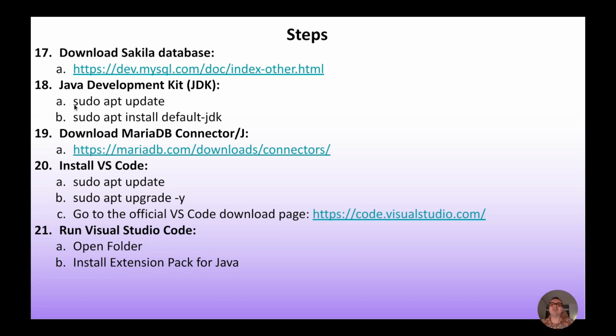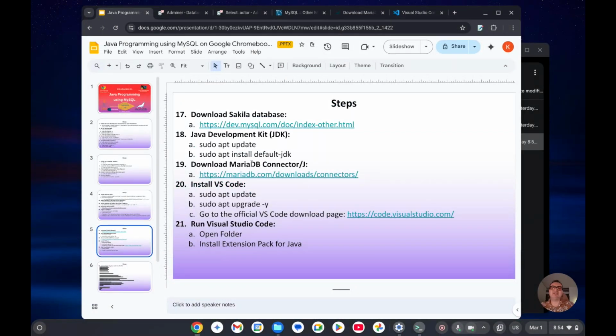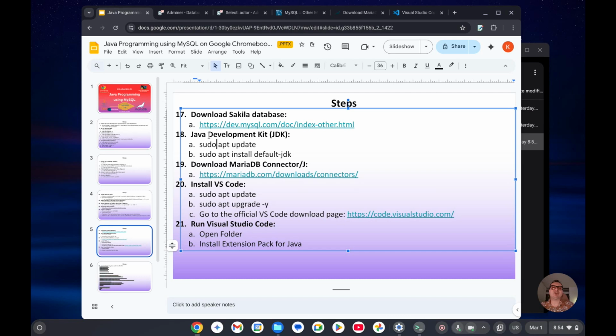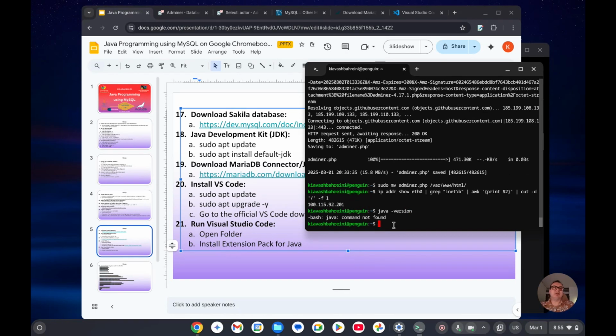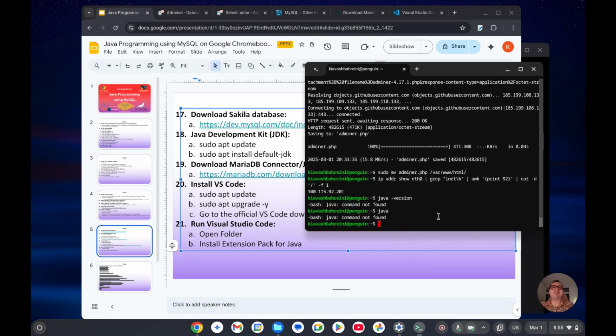So first of all, this is the way that you can install your Java development environment in your terminal. But before we try to install anything, let's just type java -version. When we type java -version or just simply java and press enter, look, it says command not found. This means that we don't have any installed Java packages on our system.